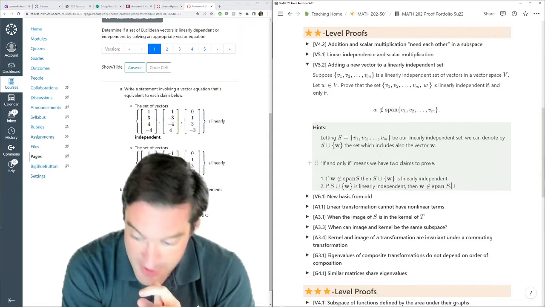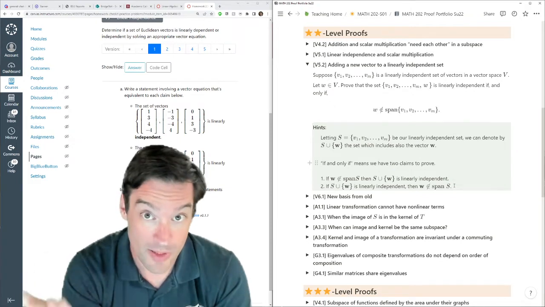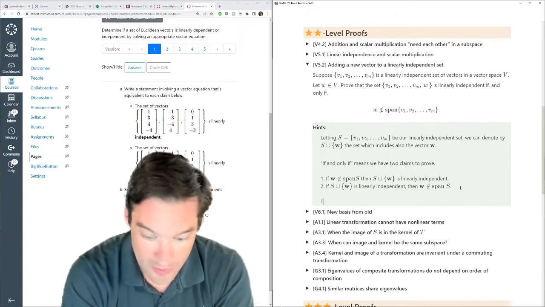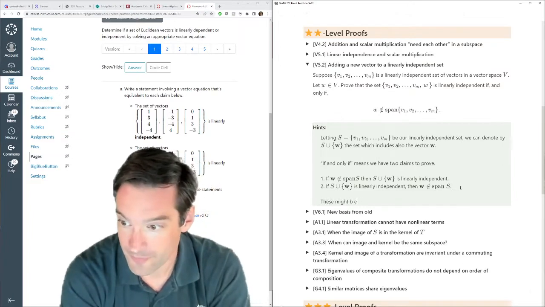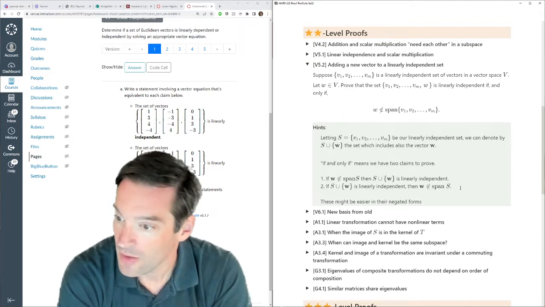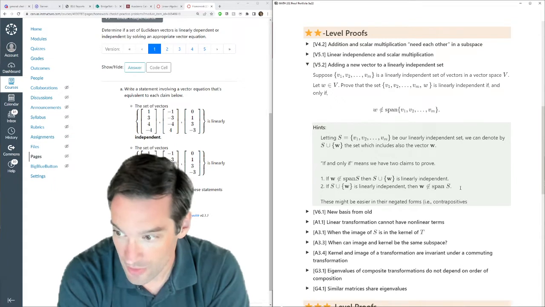But it might be easier to negate the definition of linear independence and work instead with the definition of linear dependence. So these might be easier in their negated forms. In other words, the contrapositives of each one.